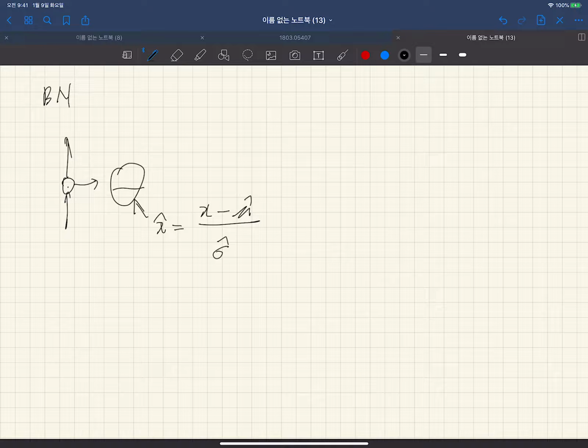And in the ideal case, batch normalization would have the mean of your entire data set and the variance of your entire data set, so the input signal for your entire data set becomes zero mean and unit variance.